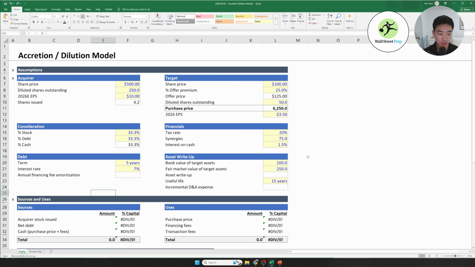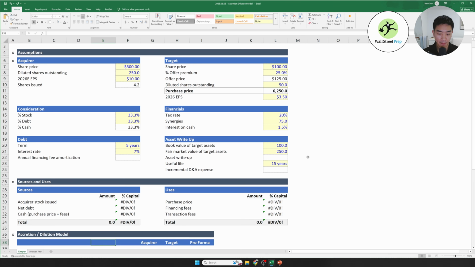And then let's build out our sources and uses table a little bit. So let's start off with the uses of what are we purchasing the company for? What are we spending money on? So this is simply, we go up to our purchase price here of 6.25 billion. And then financing fees we have up here as well. Oh, sorry.